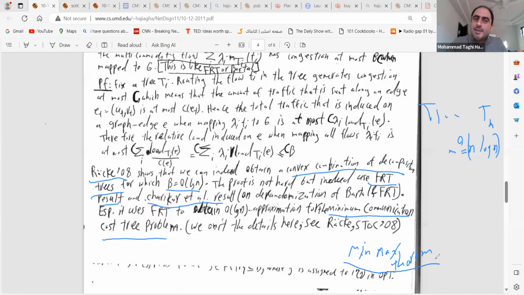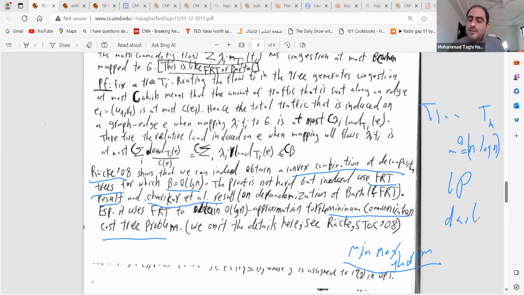So what is the min-max theorem in general? The min-max theorem is a very simple thing. The proof is not trivial, but essentially it says that if you have an LP and you can write its dual, you can read more about it. I cannot go through the details because it can be another class or several sessions.